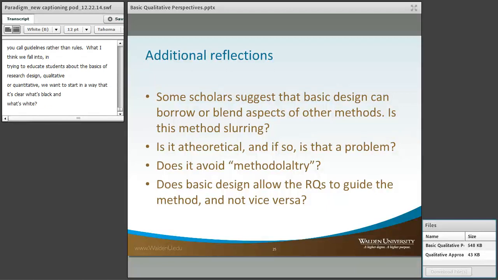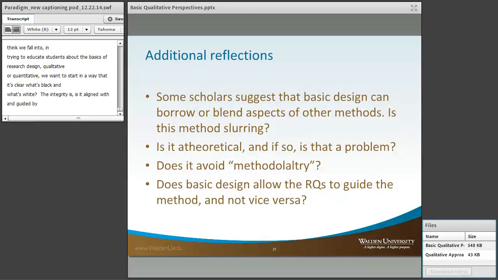And that's great for a beginning, but particularly once students get into the literature and start reading, they'll see how different researchers incorporate different aspects of different traditions or theoretical approaches in order to answer their research questions. But the integrity is, is it aligned with, is it guided by the research question?